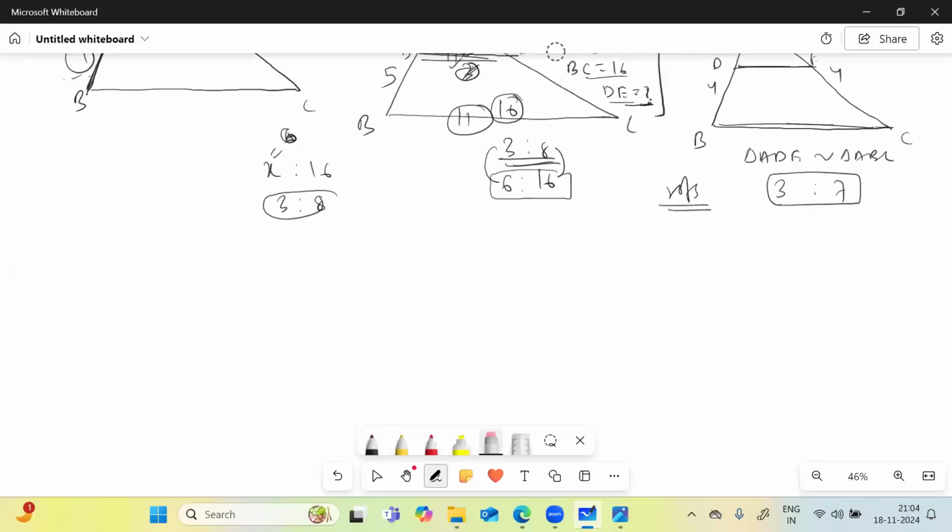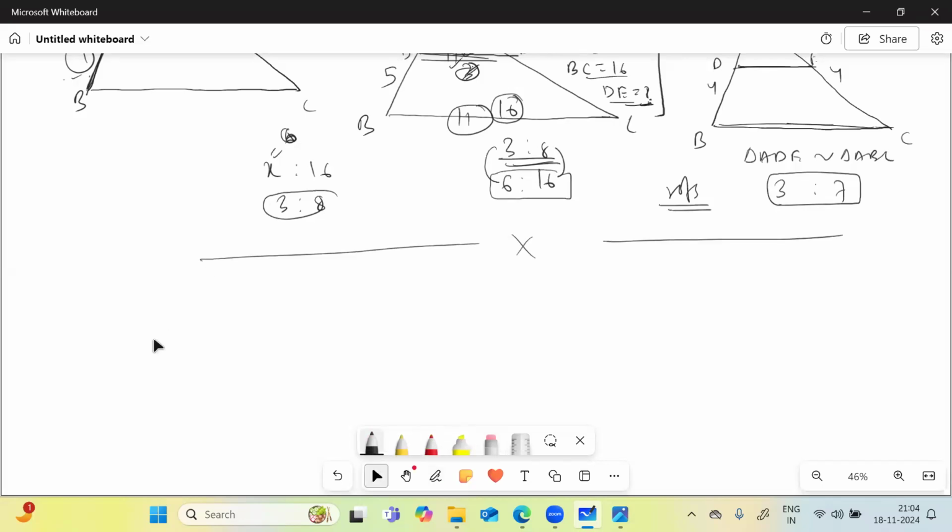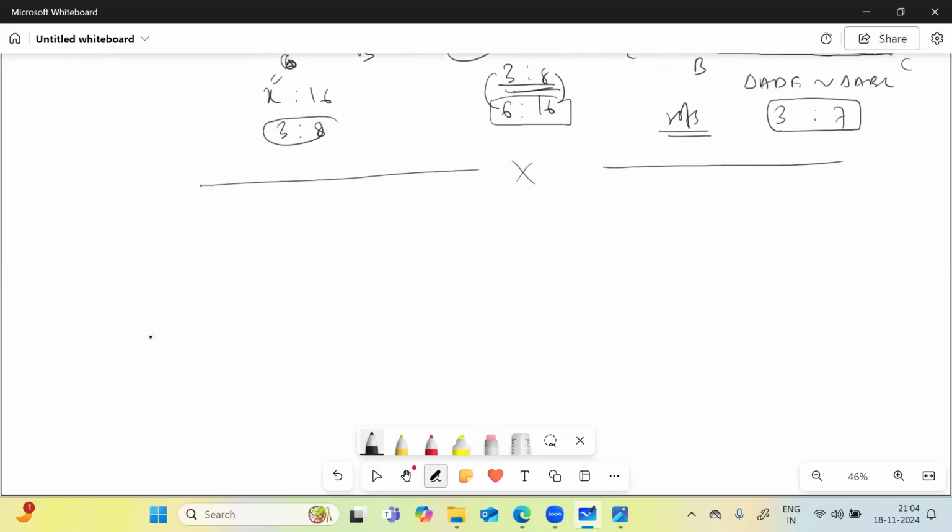अच्छा, एक चीज और, let me add to this. Let's say we have two similar triangles with similarity ratio as 1:2. ठीक है.